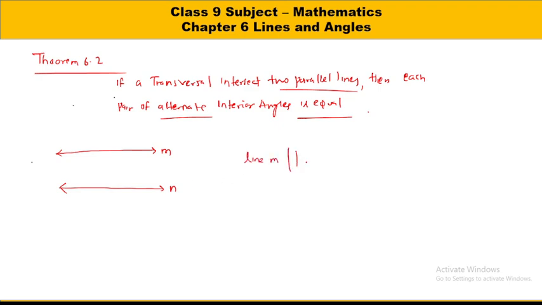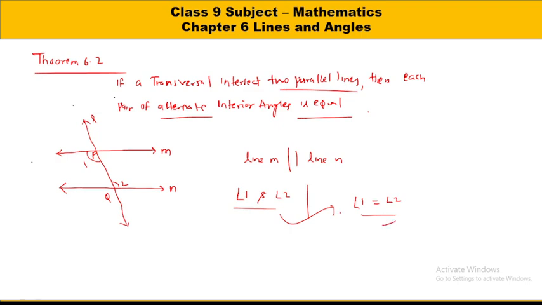Line M is parallel to line N, and a transversal line L intersects at points P and Q. Then the alternate interior angles, angle 1 and angle 2, are alternate interior angles. So these interior angles which are alternate to each other will be equal. That is what theorem 6.2 shows us.